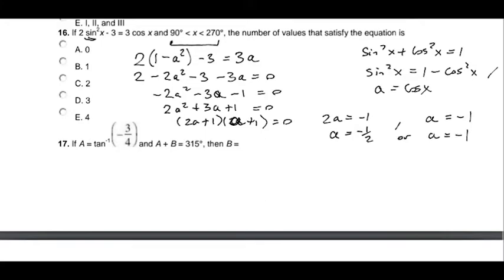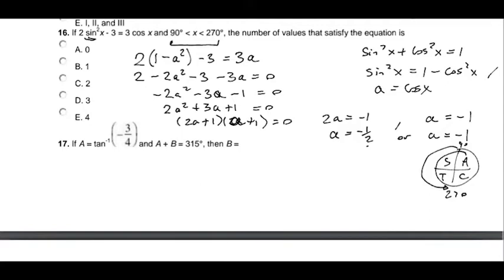Again, if we look at the range values up here and we want to work out what values we've got, we look at ASTC, and we're working with cosine here. Between 90 degrees and 270 degrees is going to be the arc over here, and that means they are both negative there.